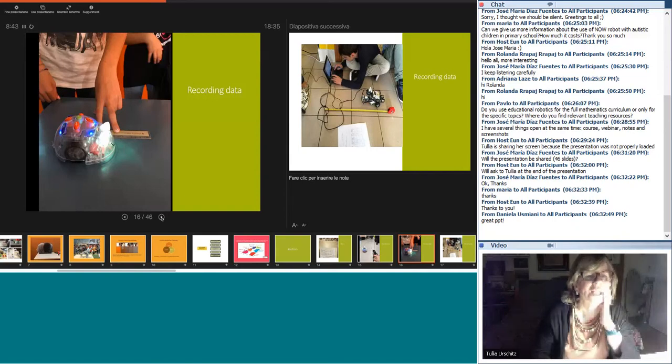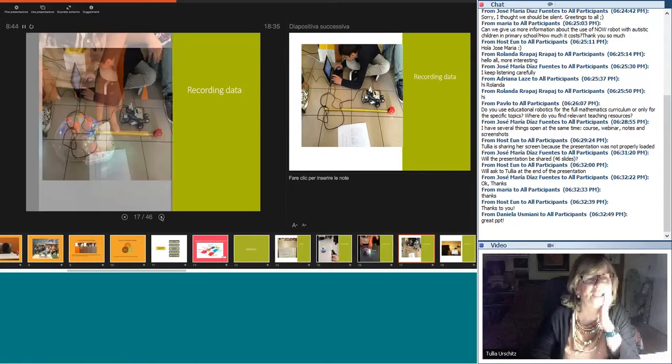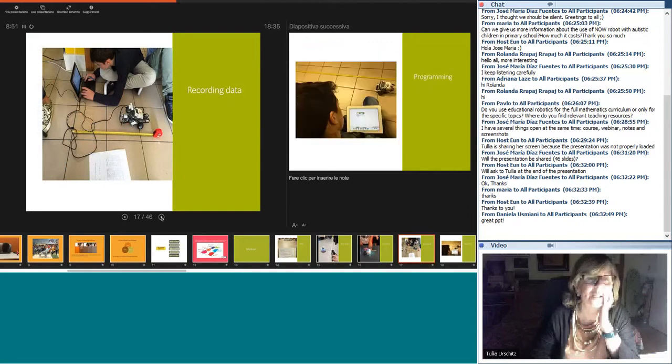Here you can see that students are not at the desks, many times. I can say almost always. And of course, if you want to work with educational robotics, you also need to move from the desk to the ground, to rethink spaces and also to rethink the way in which the teacher works in the class.